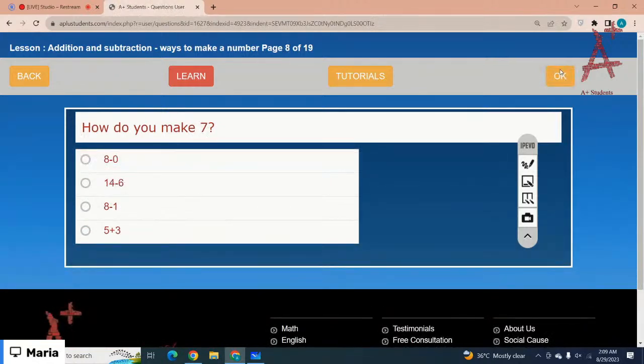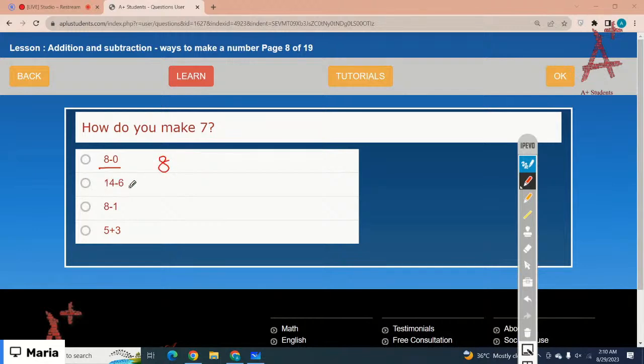How do you make 7? Which is the correct option? You have to make 7. 8 minus 0 makes 8. 14 minus 6 makes 8. 8 minus 1 makes 7, and 5 plus 3 makes 8.